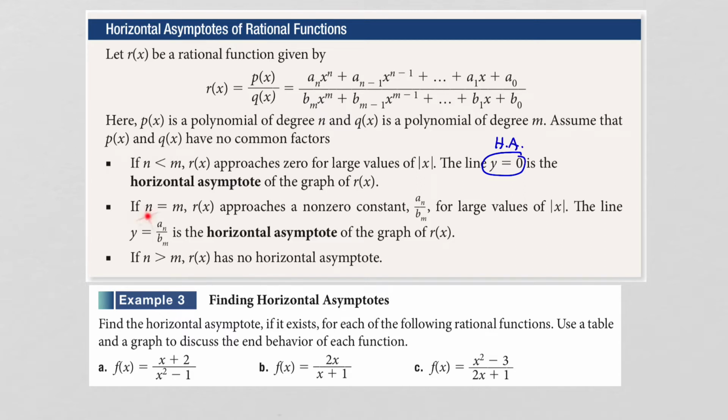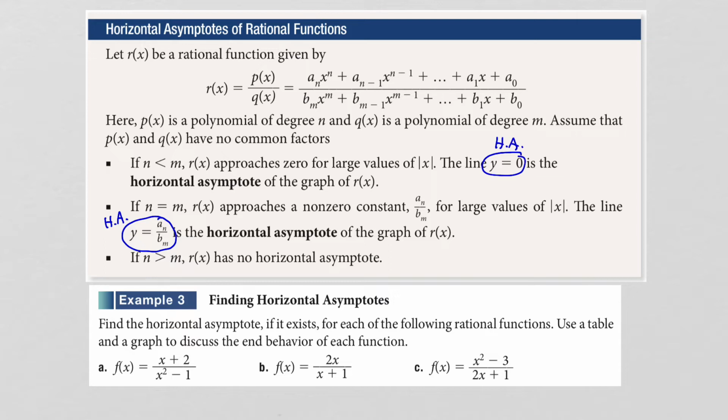If the degree of the numerator is equal to the degree of the denominator, then the rational function approaches the non-zero constant a_n over b_m for large values of absolute value of x. And the line y equals a_n over b_m is the horizontal asymptote. Now, that sounds a little confusing, but it actually isn't terribly confusing.